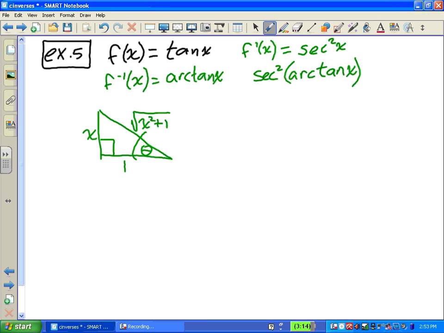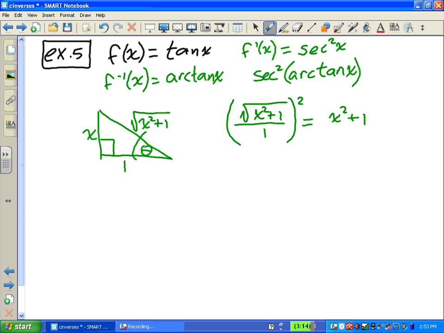So we have the secant, which is the square root of x squared plus 1 over 1, but all of that is squared, and that just equals x squared plus 1.